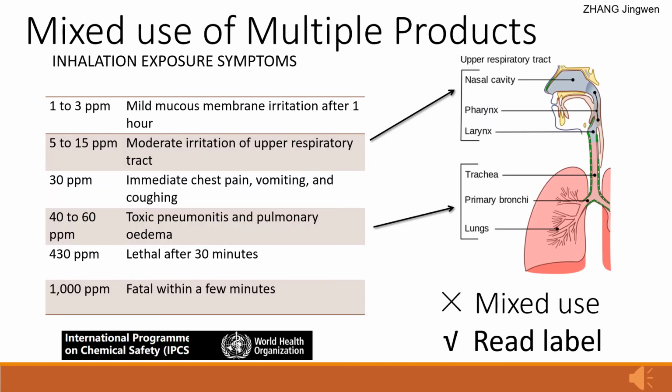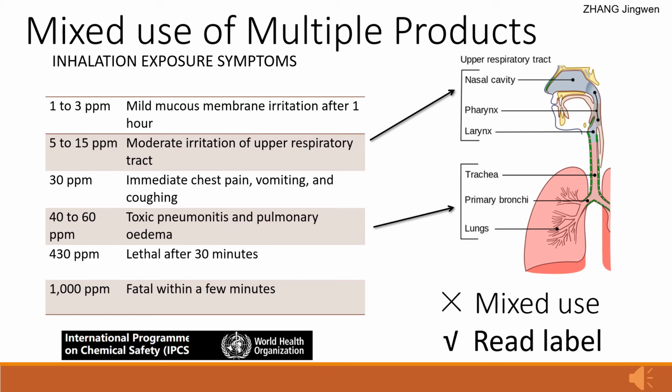When people inhale different concentrations of chlorine, patients will show different clinical symptoms. According to the information provided by the International Chemical Safety Program, when people inhale relatively low concentrations of chlorine, the mucous membranes and upper respiratory tract are irritated to varying degrees.